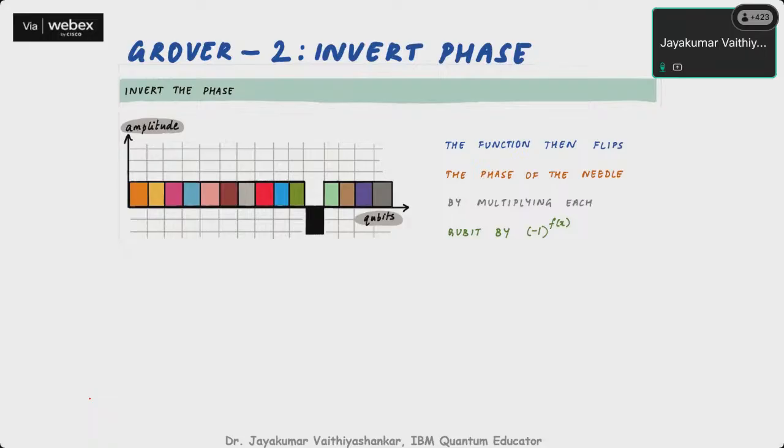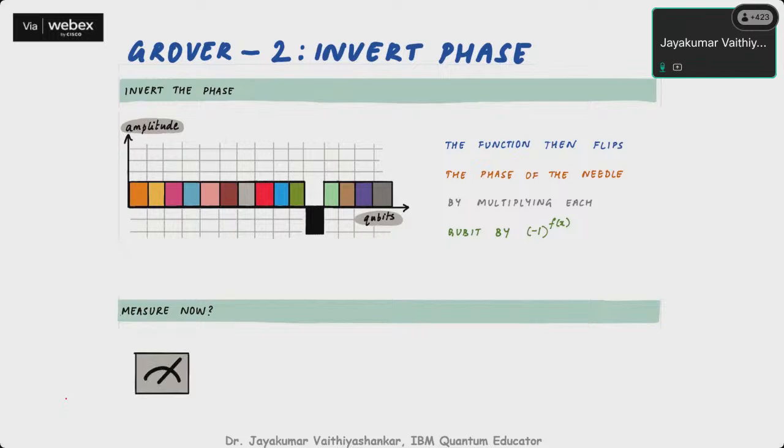We run for the first time, and we identify that particular item. Then we try to invert that phase. We cannot do measurement right now. It is not like the Deutsch algorithm; we need to run for multiple times.